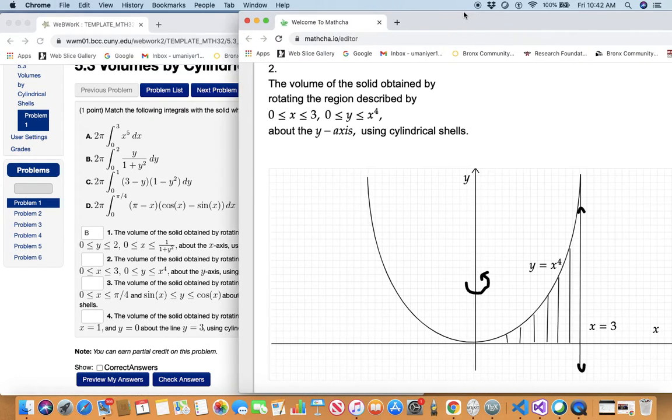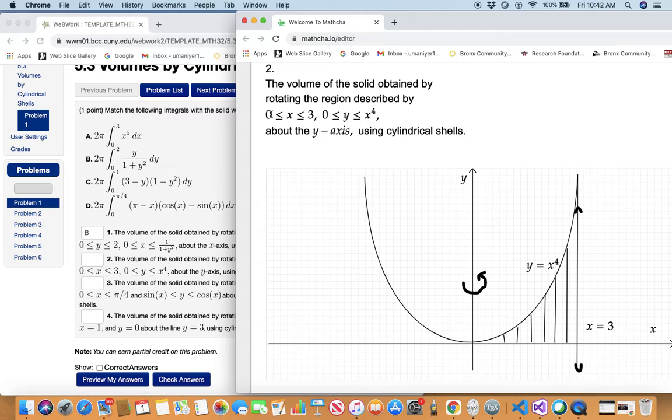So x is between 0 and 3. x equals 0 is the y-axis. x equals 3 is this vertical line. y equals 0 is the x-axis. And y equals x to the power 4 is this curve. So your region is between the x-axis, y-axis, this vertical line, and this curve. So that's your region. And you want to rotate it about the y-axis.